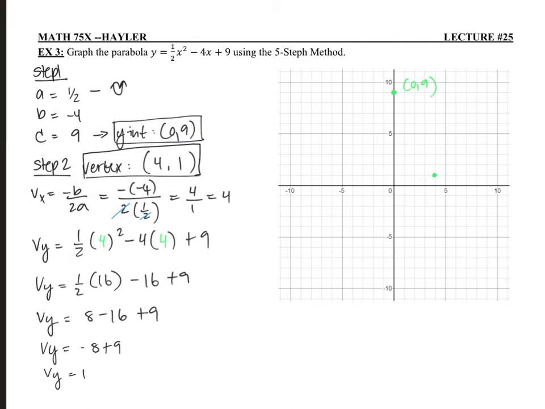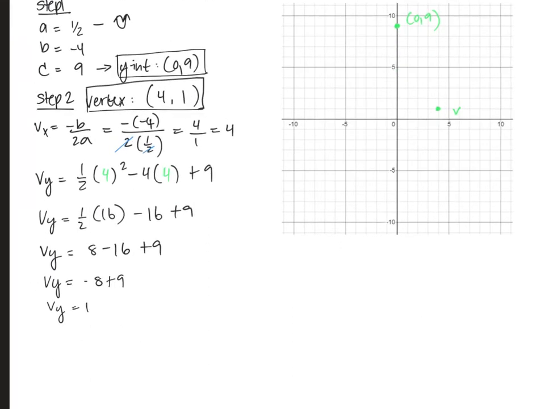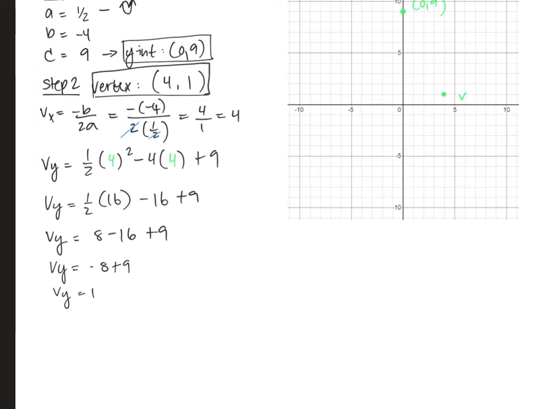Alright, before I keep going though, step 3, my x-intercept. Now, I could go ahead and try and start to solve my equation, 0 equal to 1 half x squared minus 4x plus 9.